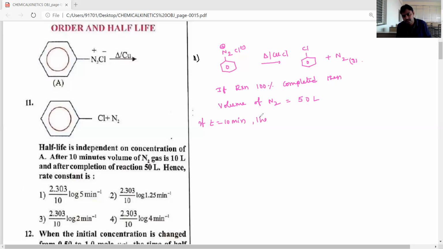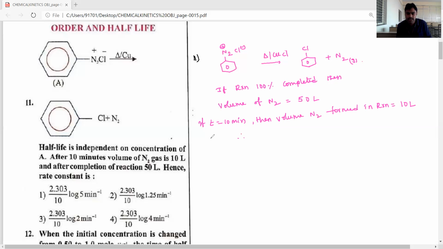then volume of N2 formed in the reaction is equal to 10 liters.